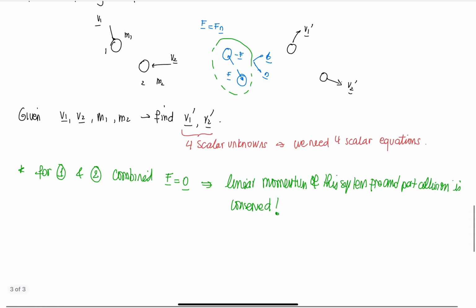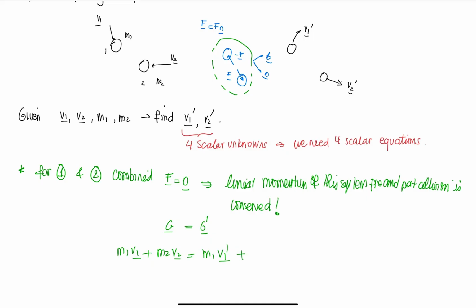Okay, so we can write this statement, the balance of conservation of linear momentum. Basically, G, linear momentum pre-impact, is equal to G prime post-impact. And the linear momentum of the system of particles is the sum of the linear momenta of the constituents. So that's m1 v1 plus m2 v2 is equal to m1 v1 prime plus m2 v2 prime.